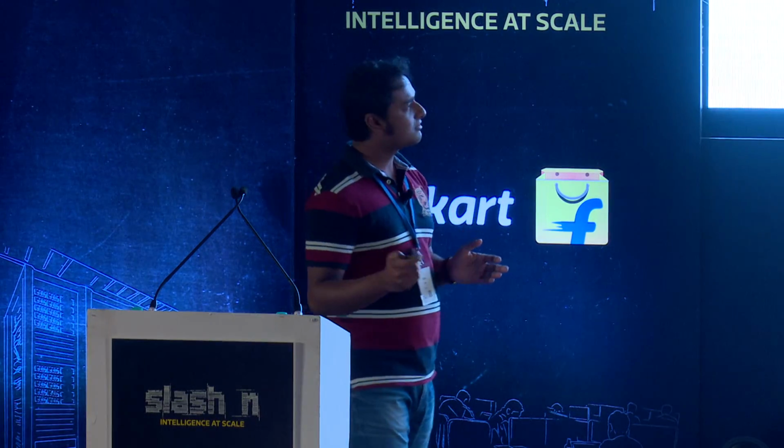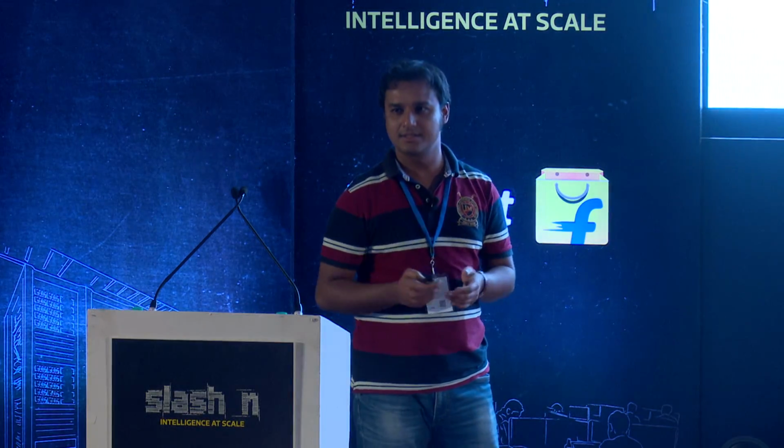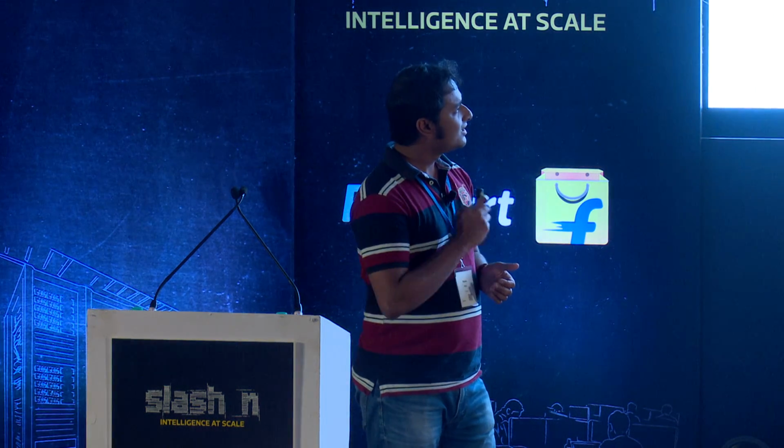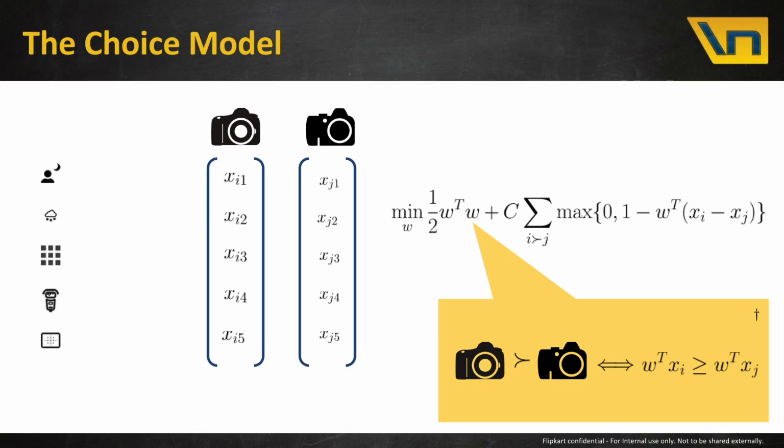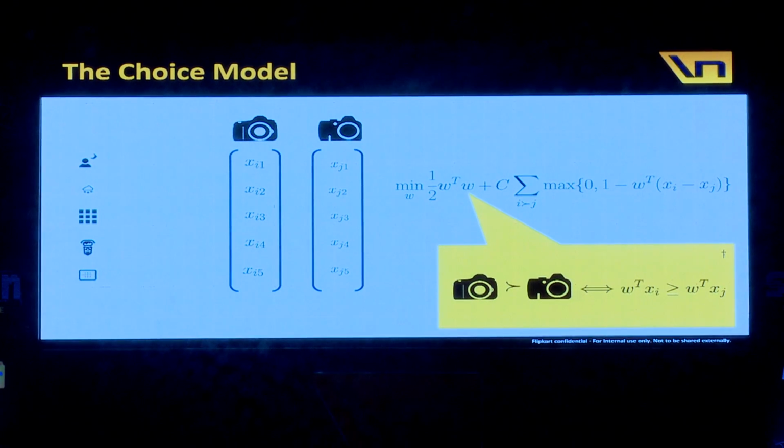And you have got a bunch of comparisons with you. You fit something called rank SVM to it. Whatever that formula is, the purpose that it's supposed to serve is the following.